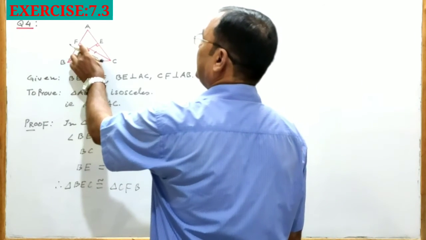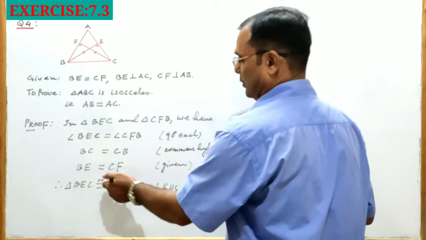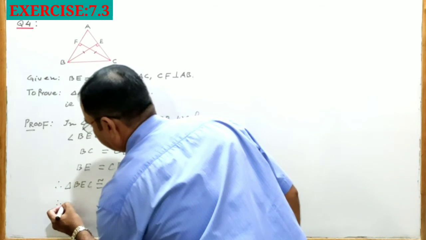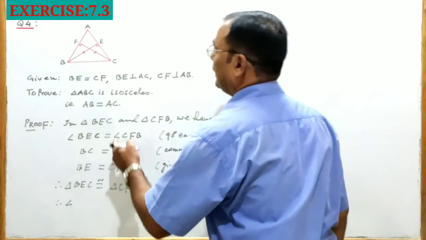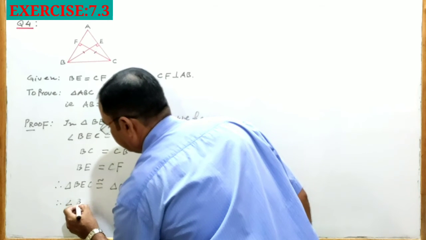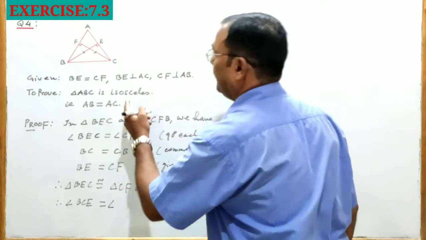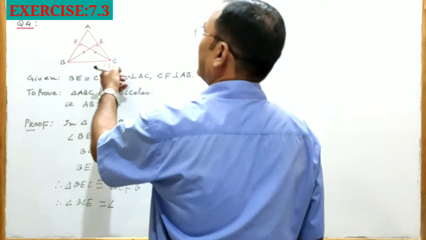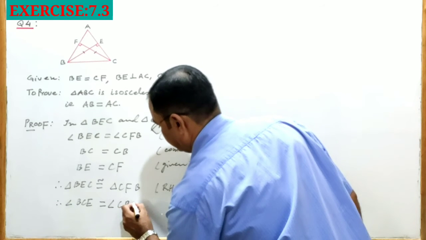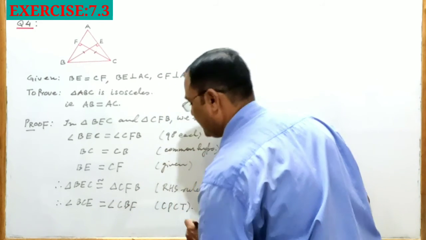This triangle BEC and CFB are congruent. Therefore, angle BCE is equal to angle CBF by CPCT.